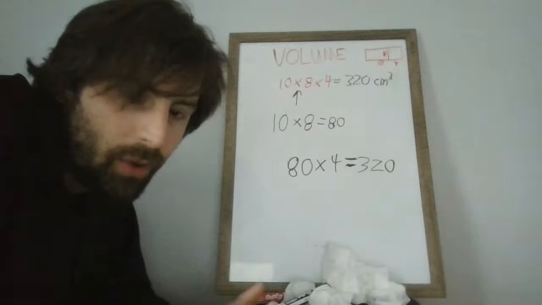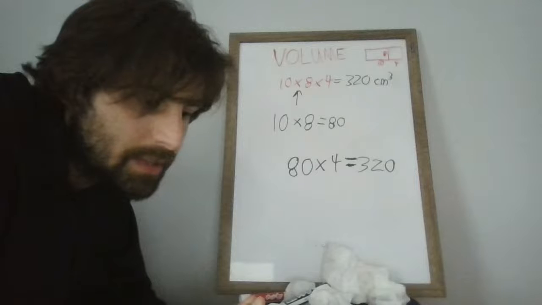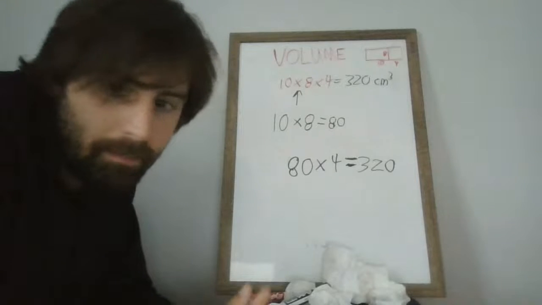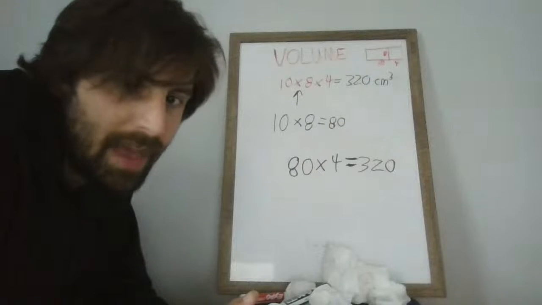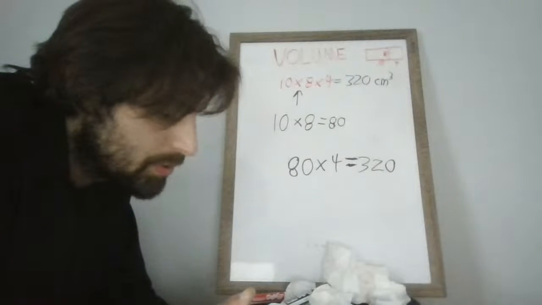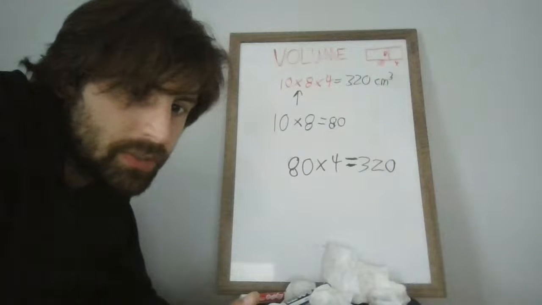But as I've said before, the better you know your multiplication facts, the easier it is. If you can skip count by all numbers 1 through 10, it makes these other concepts in math a lot easier. So I definitely encourage you to really work on your multiplication, build that multiplication fluency.